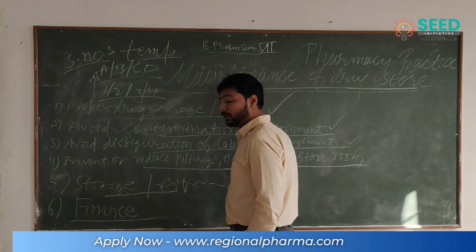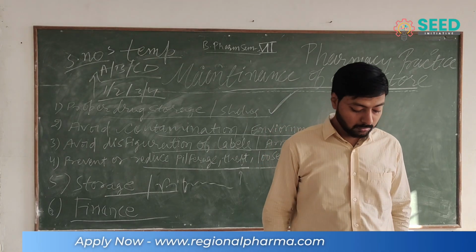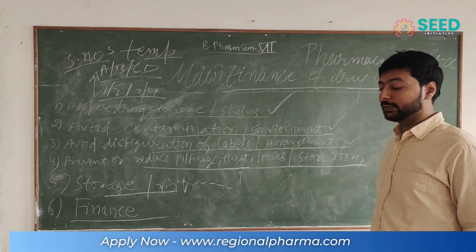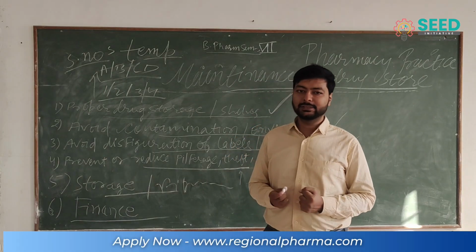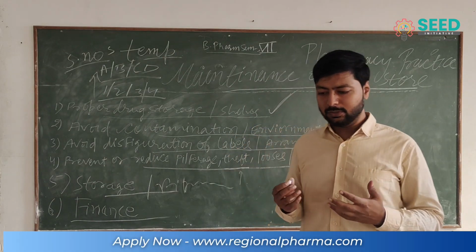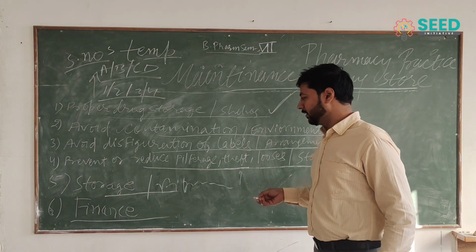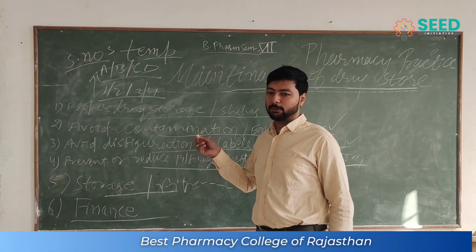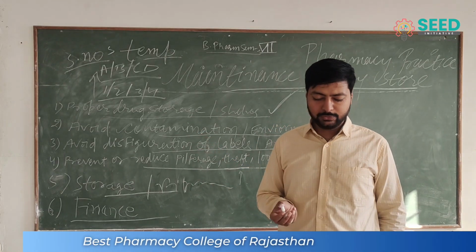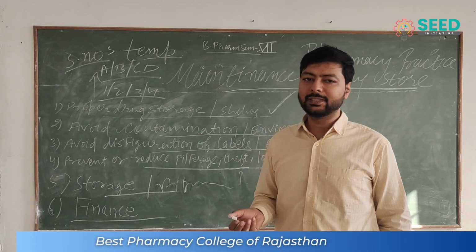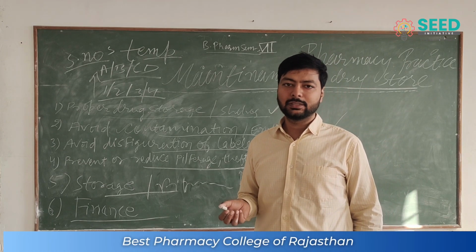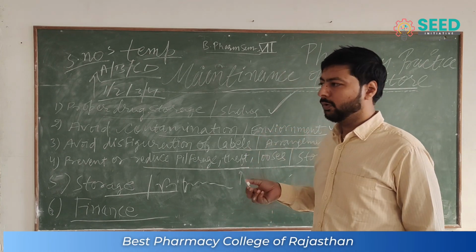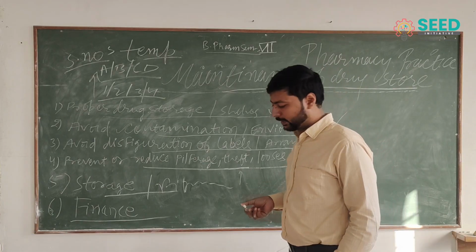Finance is also a great thing, because maintaining a drugstore is also about holding the finance, reducing the losses and increasing the profit. Suppose a drugstore has the purchasing power of telmisartan in a year of like 1 crore.